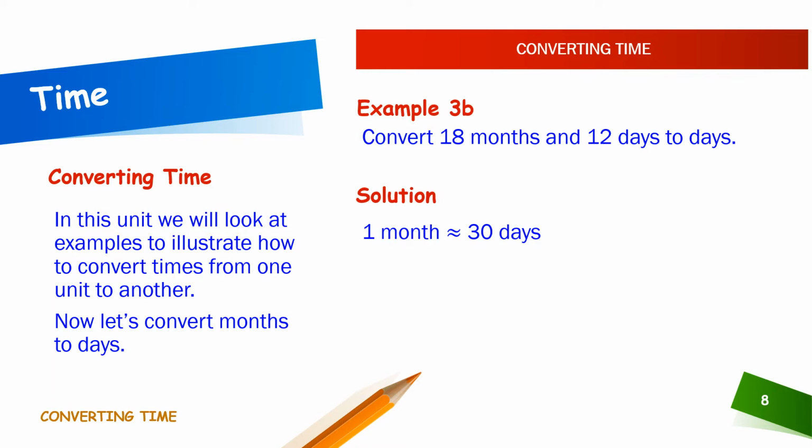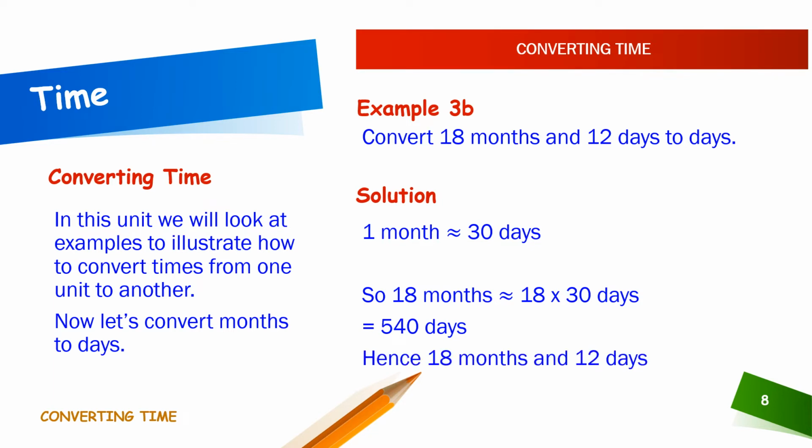Again, using the approximation 1 month is approximately equal to 30 days, we have that 18 months is approximately equal to 18 times 30 days, which equals 540 days. Therefore, 18 months and 12 days is approximately equal to 540 days plus 12 days, which equals 552 days.